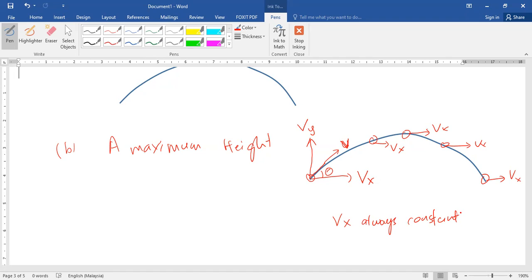But why? Here is vy at position 1, at position 2, and at position 3.